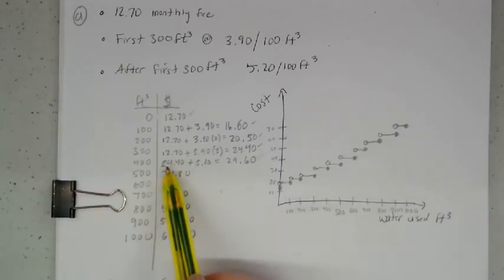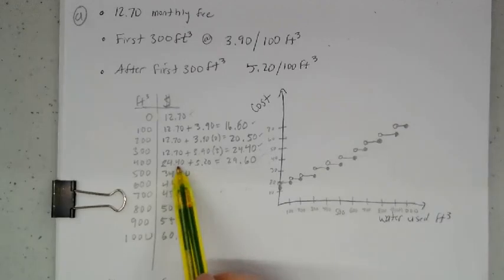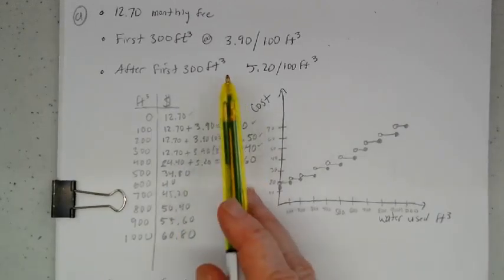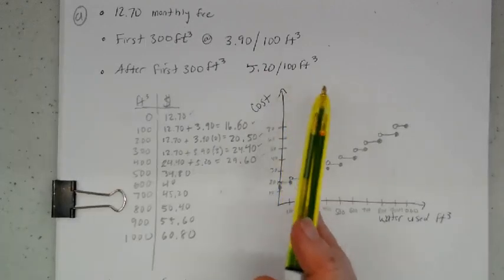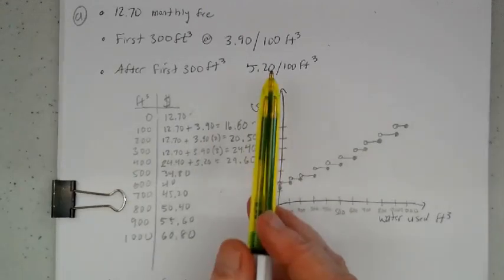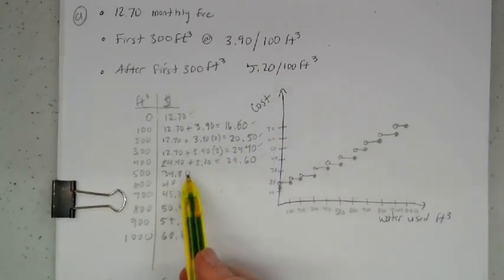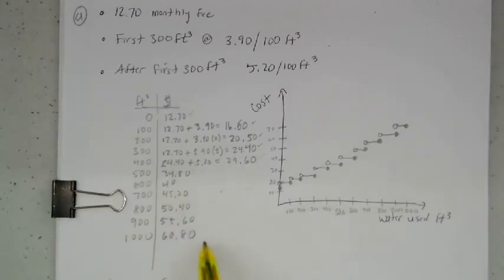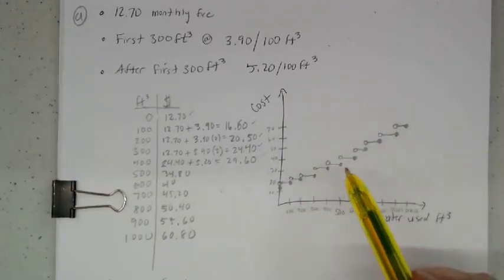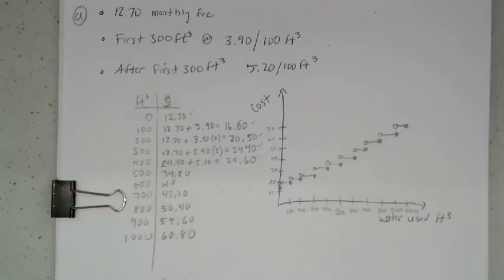So I went 24.40 plus the $5.20, and from here on out, every additional 100 cubic feet costs an additional $5.20. So I went through and added $5.20 for every 100 feet, and I got this. My graph isn't very good looking, but there's my graph.